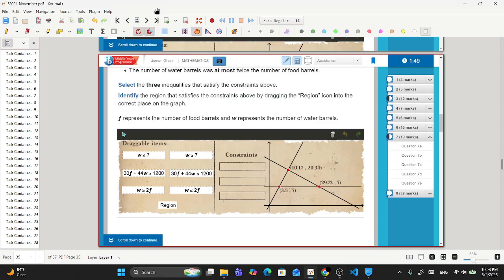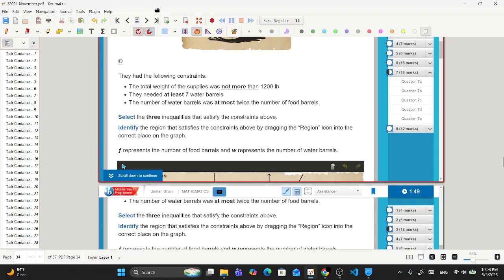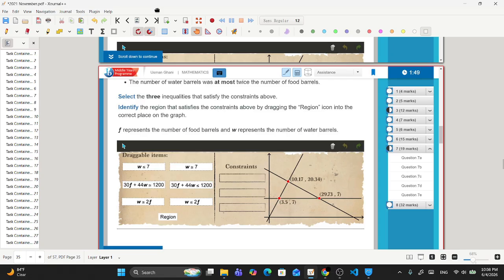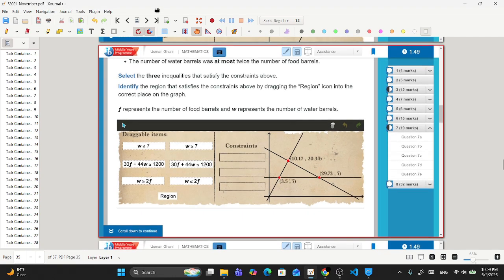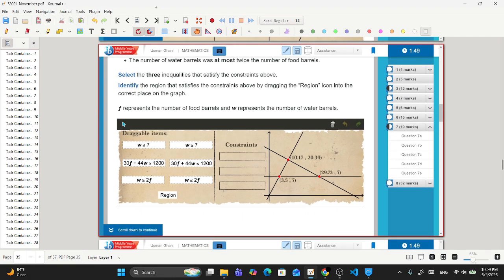Okay, this is quite interesting. Okay, let's talk about the 3 inequalities first. It says that water should be at least 7 barrels, right? So in case of water, it should be at least 7 barrels, right? So this is going to be our first answer. This one.